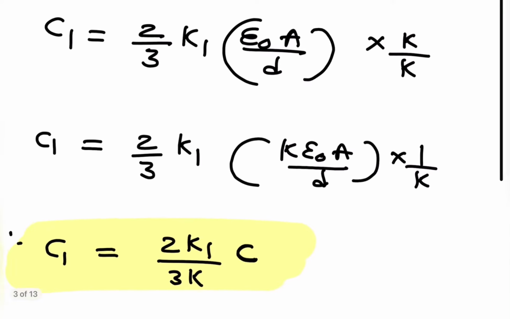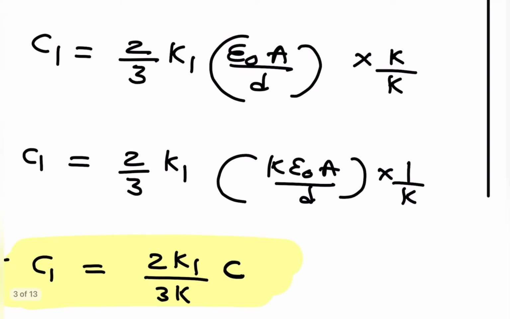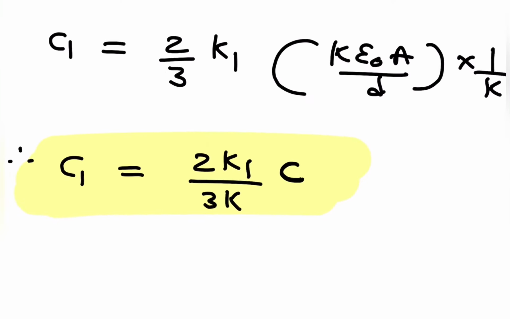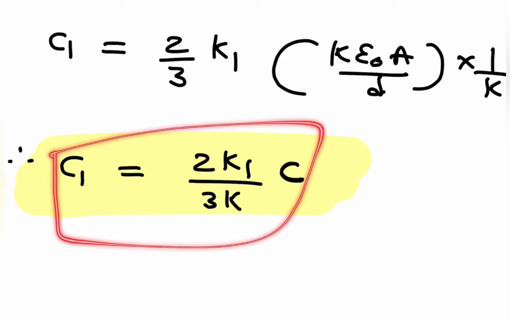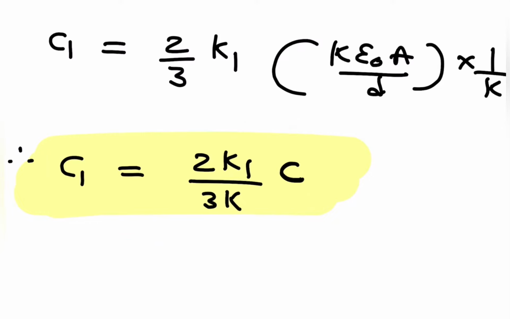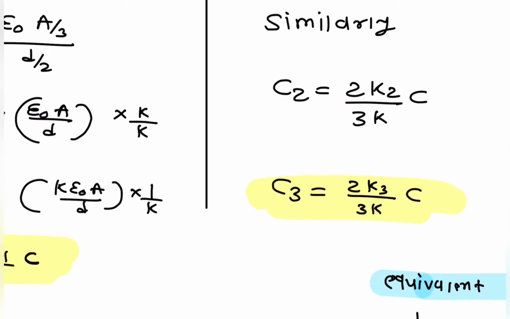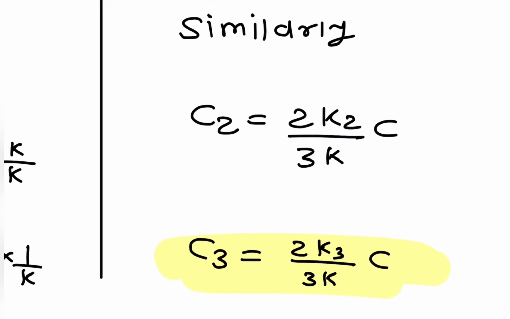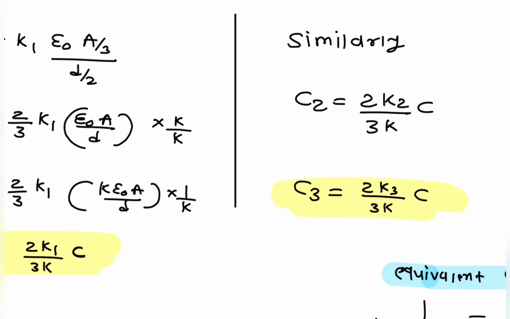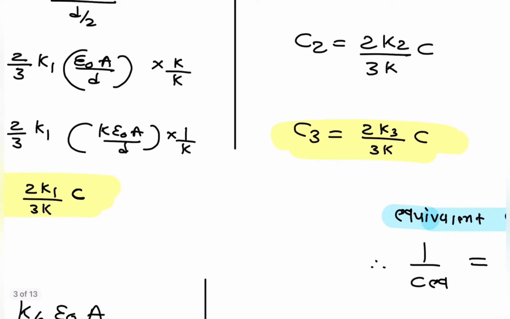So C1 is equal to 2 by 3 K1 times K epsilon naught A by D in bracket, multiplied by 1 by K. So the value of C1 is 2 by 3 K1 upon K into C. Similarly, we can write for C2 that is 2K2C by 3K, and in place of C3 we can write 2K3 by 3K into C.